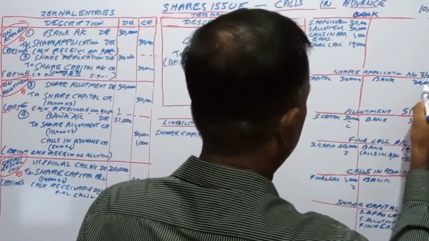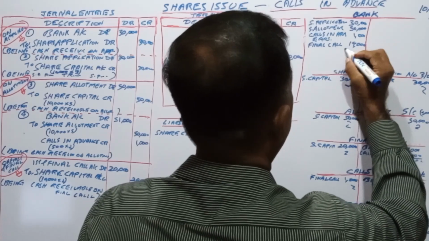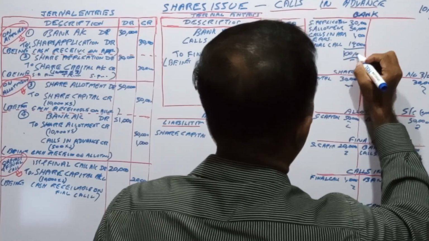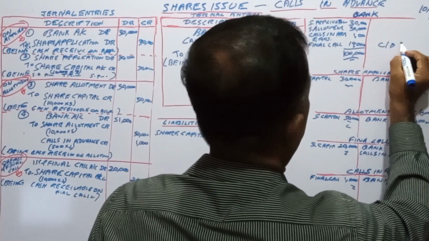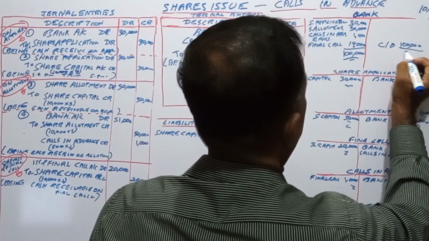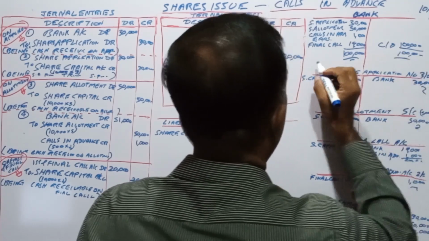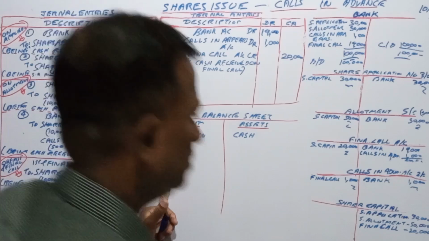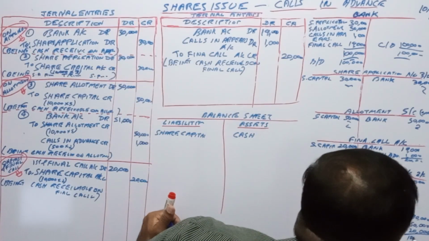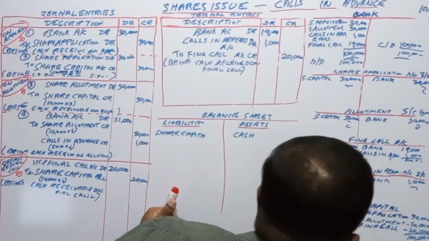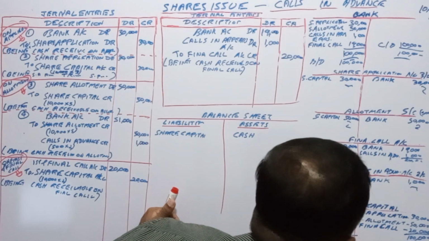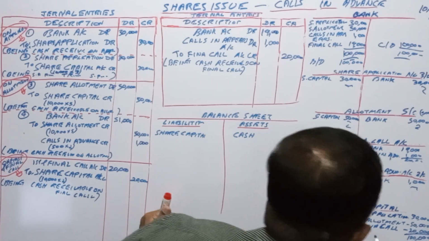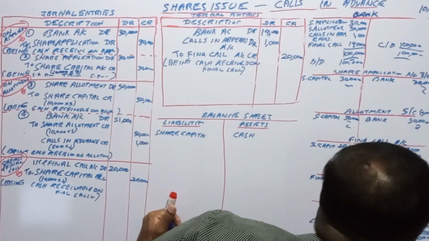Allotment okay, share capital okay. Then cash account 100,000 carried down, brought down 100,000. Right here, share capital 100,000 carried down, brought down 100,000.